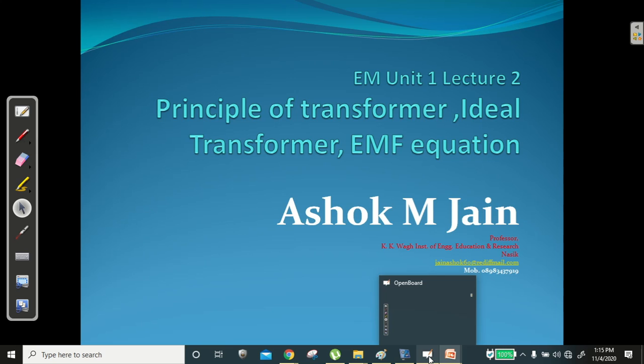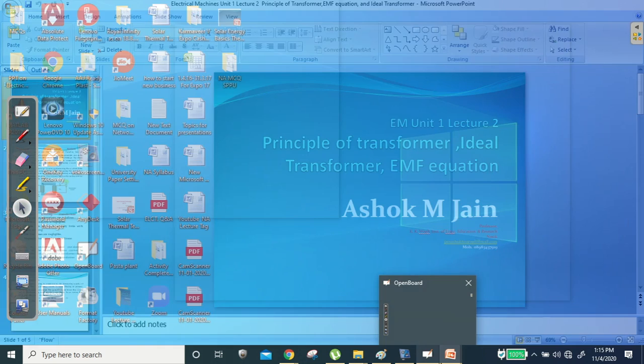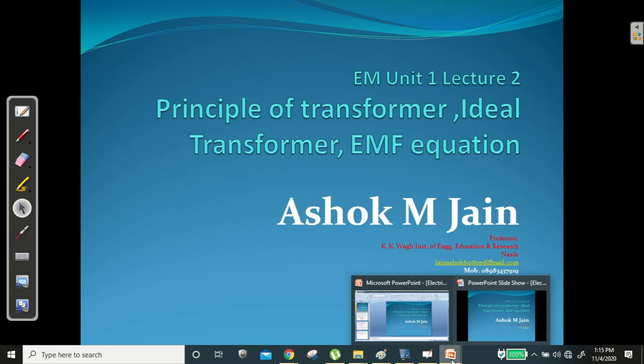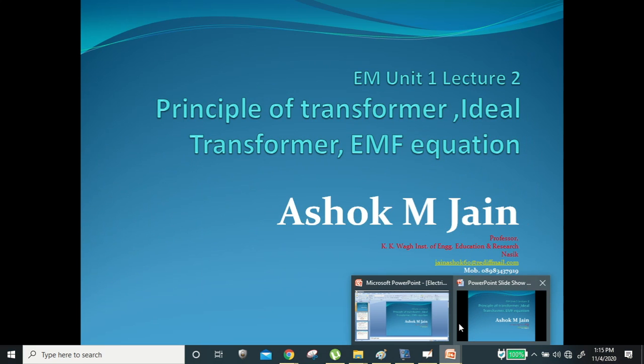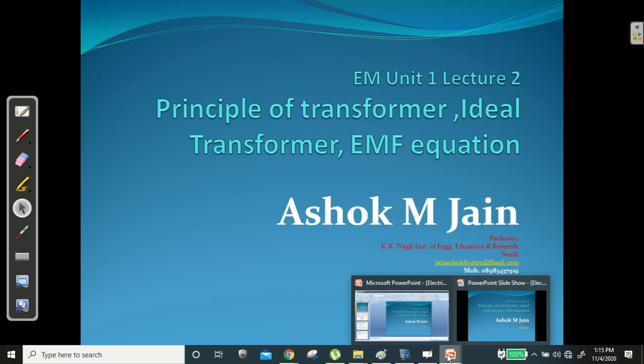Already we have studied this part in basic electrical engineering also. Here I am just repeating it. After studying this you will understand the concept, and then we will study the vector diagram of ideal and actual transformer.